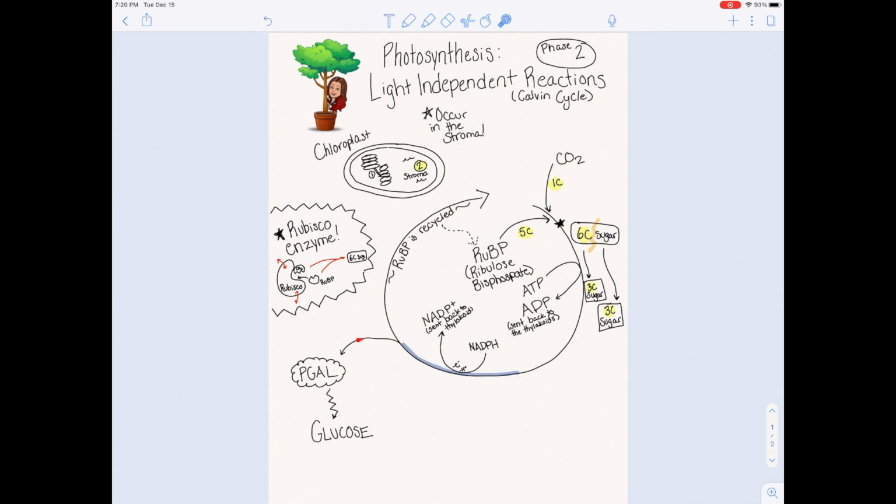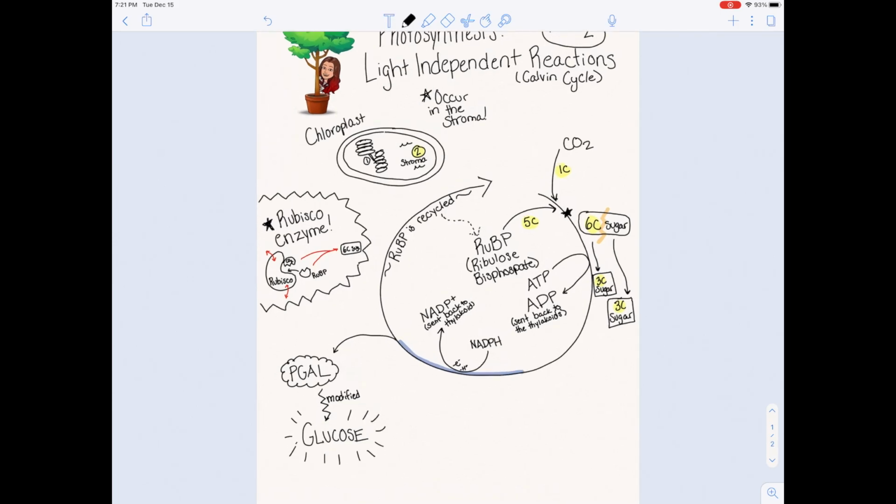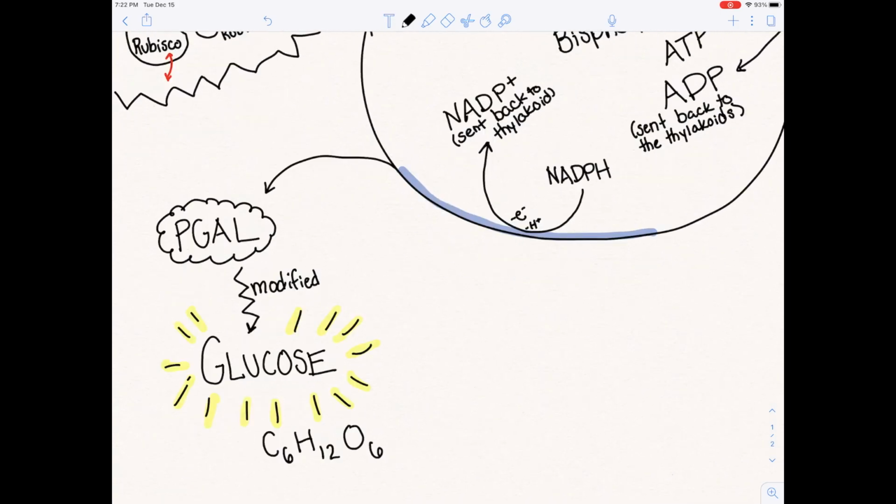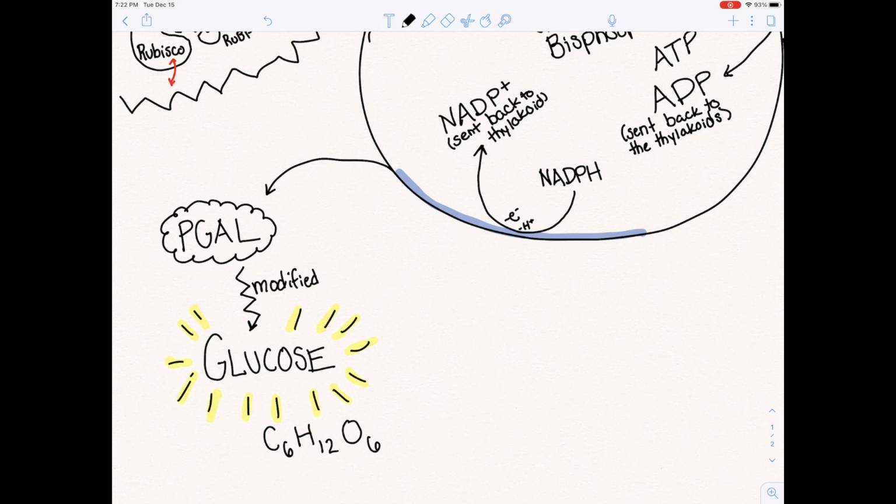And as a result of going around this cycle, you get that pGal molecule, which, once modified, becomes glucose, which is C6H12O6, a very important product of photosynthesis so that plants and photosynthesizing organisms can feed themselves.